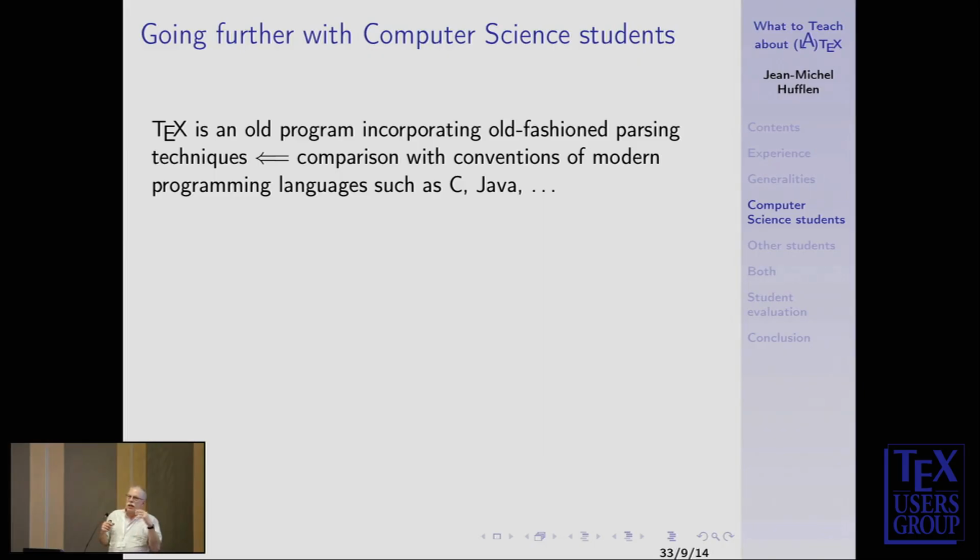That is, lexical analysis and syntactic analysis.